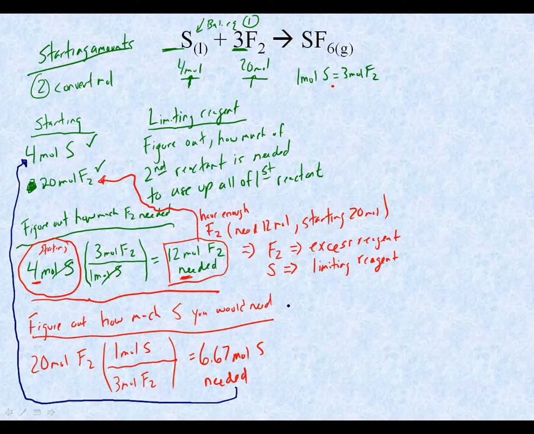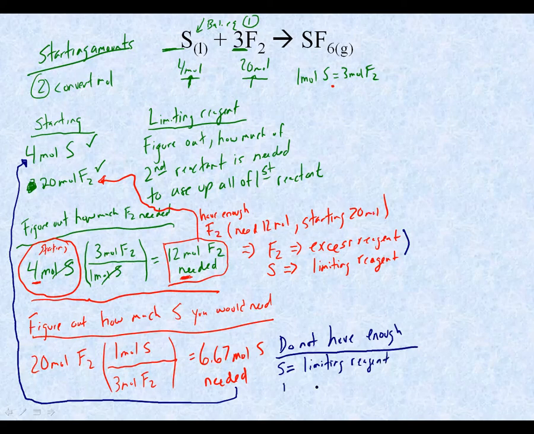And what you would see is we would need 6.67 moles of sulfur, but we only started with 4 moles, which tells us we do not have enough in this case. And it tells you the exact same thing as it told you in this calculation. Because we do not have enough, that would mean that sulfur would be our limiting reagent. And by default, the fluorine would be our excess reagent.